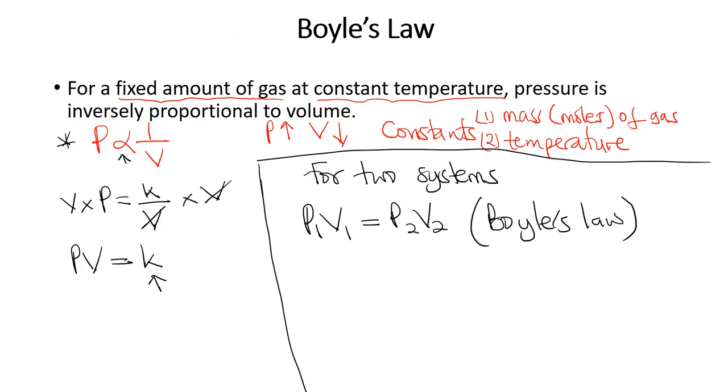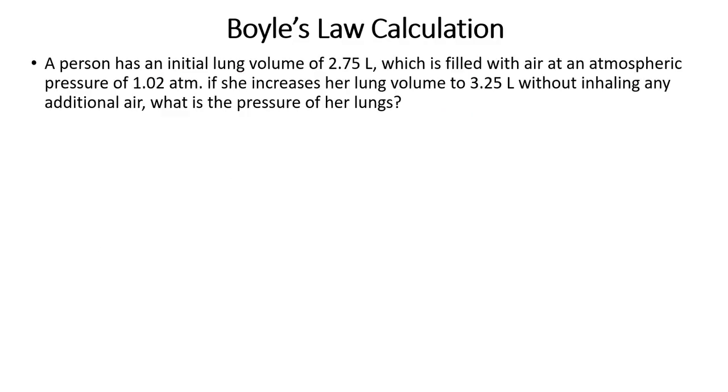Now we want to look at a calculation that we can do using this Boyle's law. In your calculation, what you want to look for is, are you given P1? Are you given V1? What about P2? What about V2? That's what you are looking for as you are solving a Boyle's law problem.